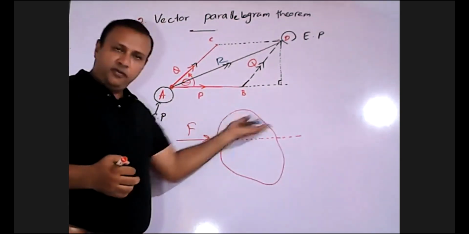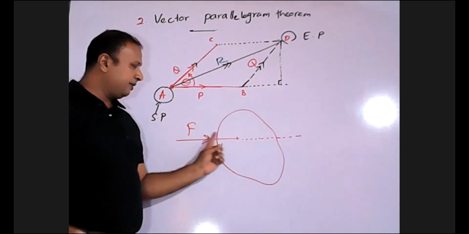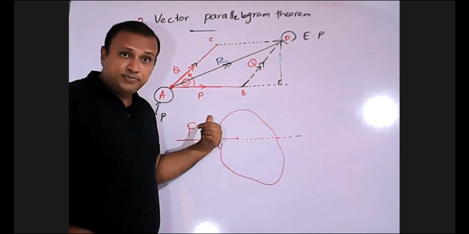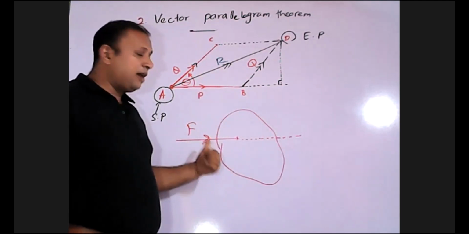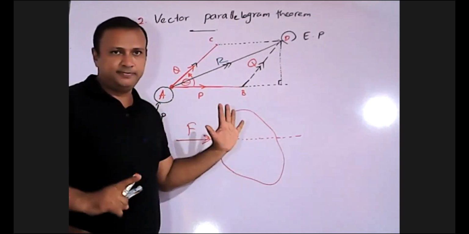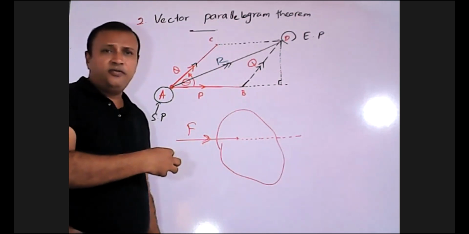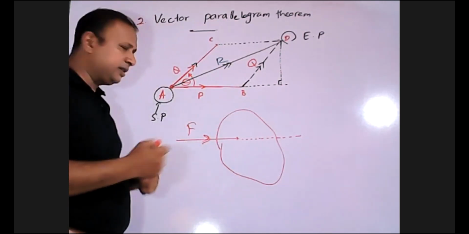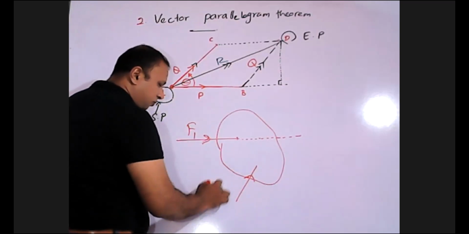It is a characteristic of force. This kind of vector doesn't have a point of action. It just has a line of action, magnitude and direction. So if you are given this kind of vectors, suppose F1 and F2.